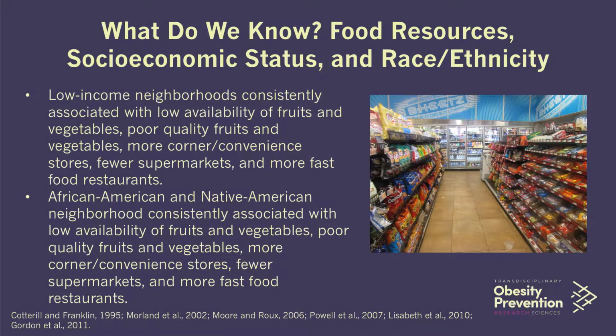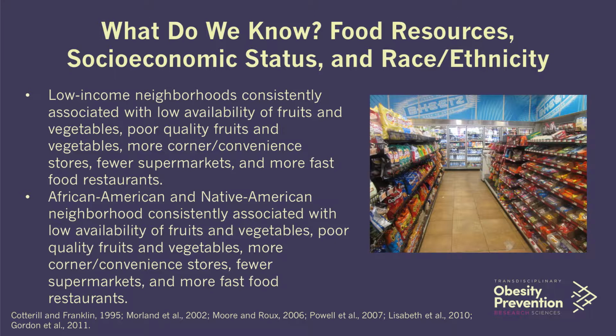Research has shown that low-income neighborhoods consistently are associated with low availability of fresh fruits and vegetables, poor quality fruits and vegetables, and more convenience and corner stores as compared to supermarkets. So fewer supermarkets, and then also more fast food restaurants.